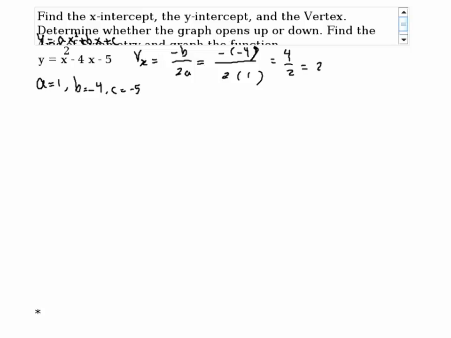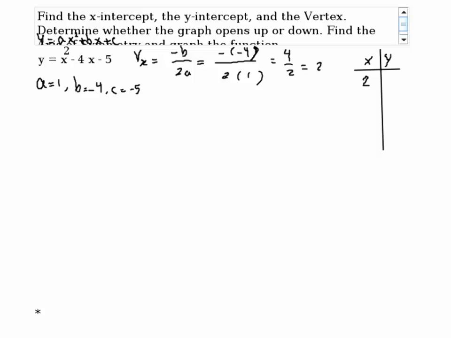So if the x position of the vertex is 2, can somebody tell me what would be the y position of the vertex then? If x equal to 2, what is y? Anybody?